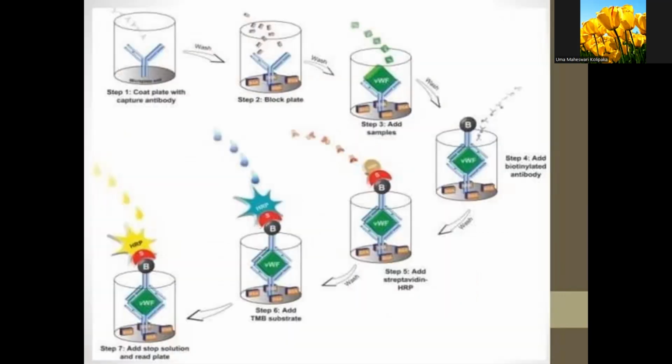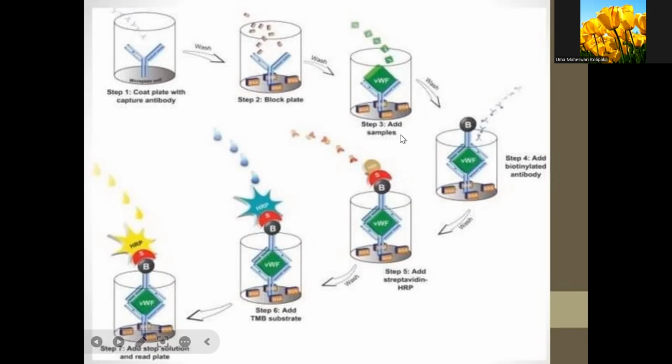Next, coat the plate with the capture antibody. First of all, we coat the plate with the antibodies. Then the second step is blocking the plates. If we add additional antibodies, there is no space for them to bind because antibody already exists.